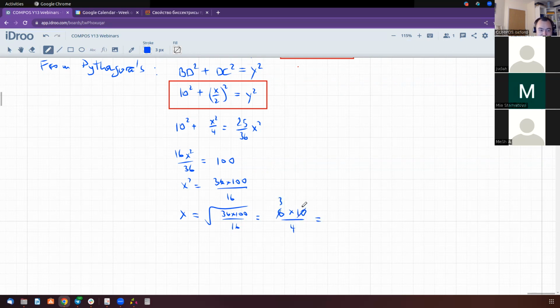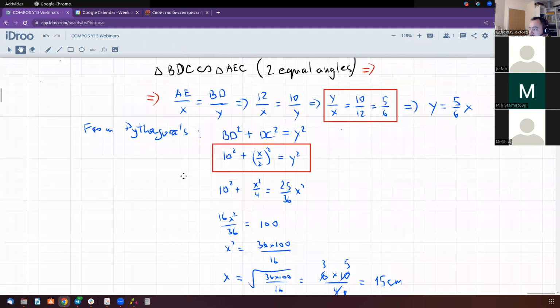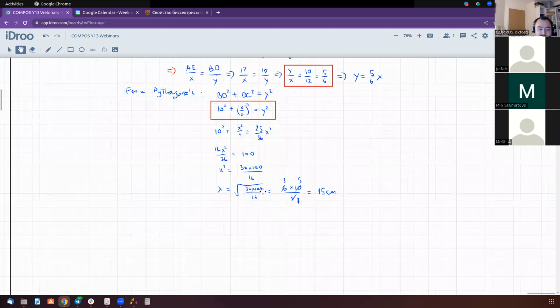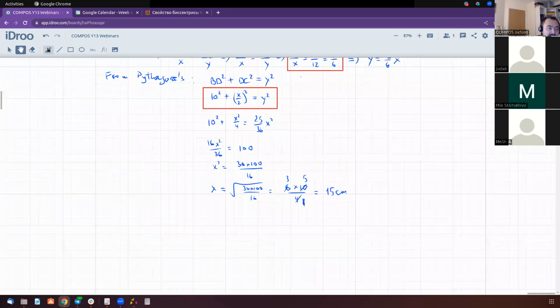So 3, 5, 1, that's 15 centimeters. So x is 15 centimeters. Is that what we need? Yes, that's what we need. So the answer is AC equals 15 centimeters.